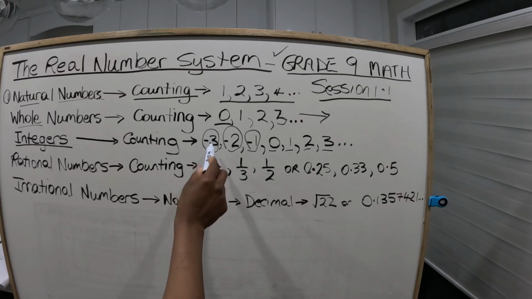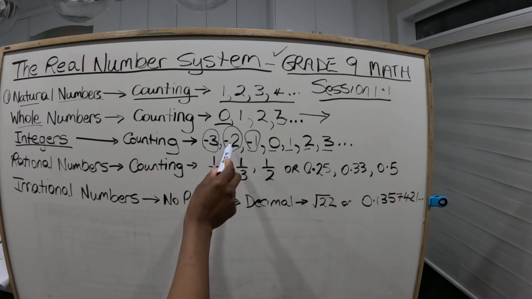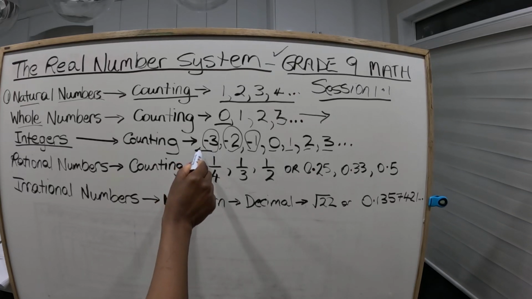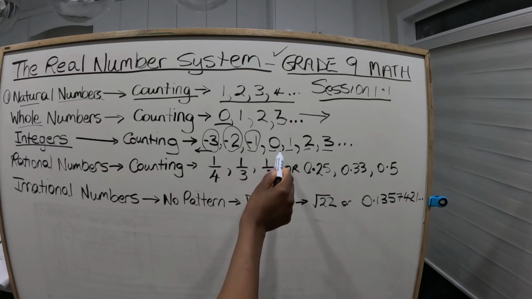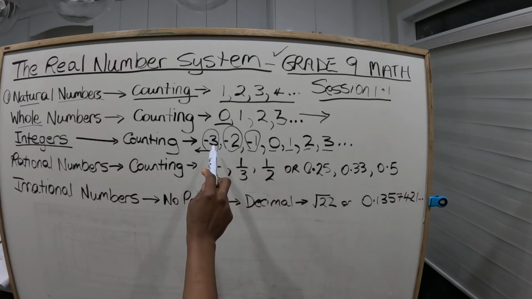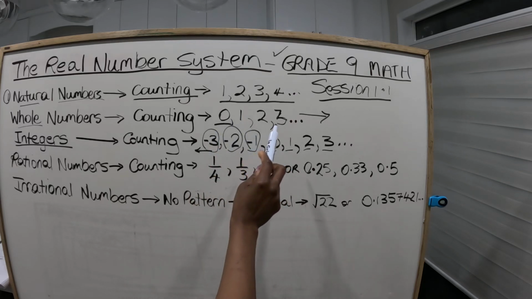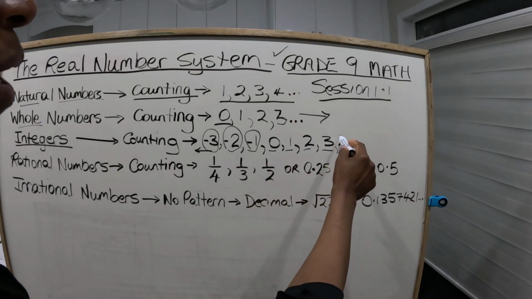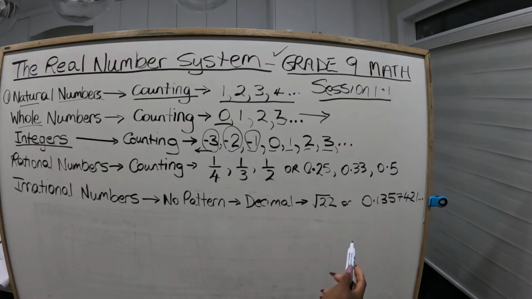And therefore, -3 is smaller than -2, which is why it's on the left side of the 0, and it's further away from the 0. So you start at -3, then you go -2, -1, then you go 0, 1, 2, 3. And as you continue up, it goes to infinity. So those are called integers.